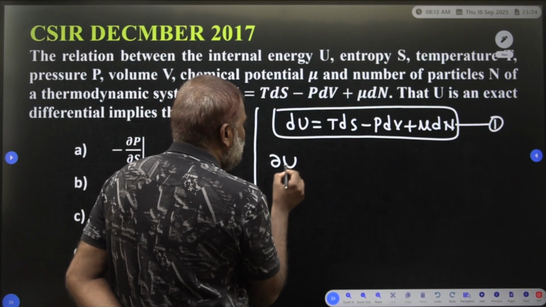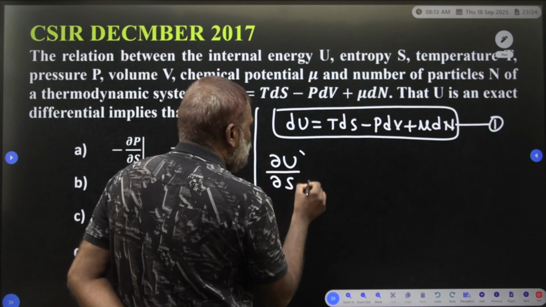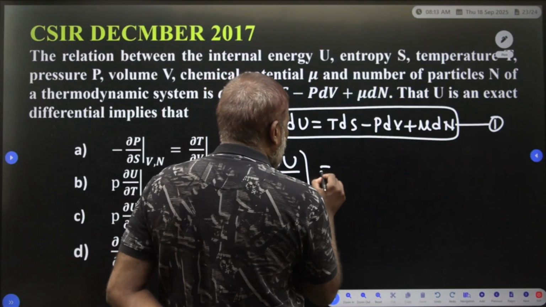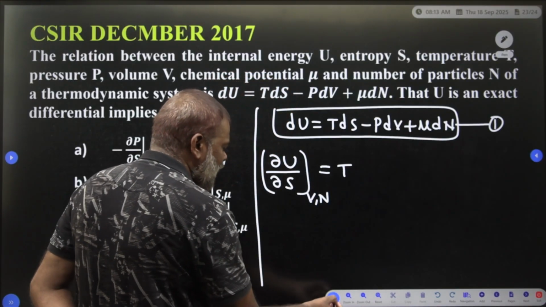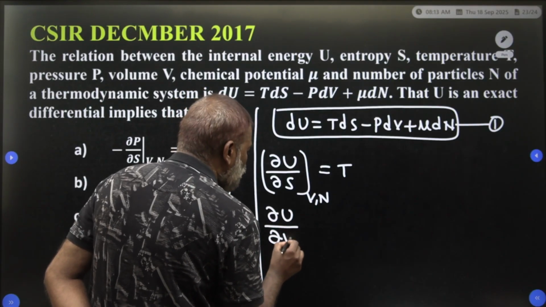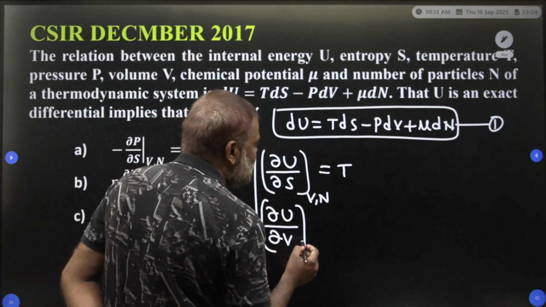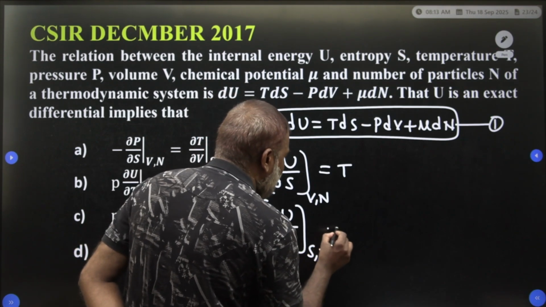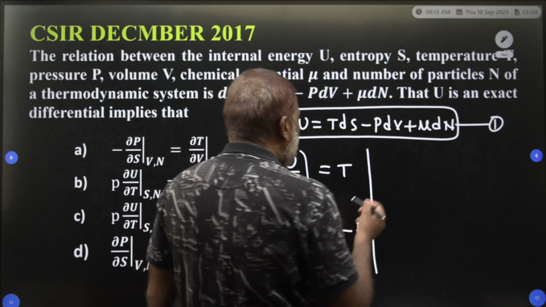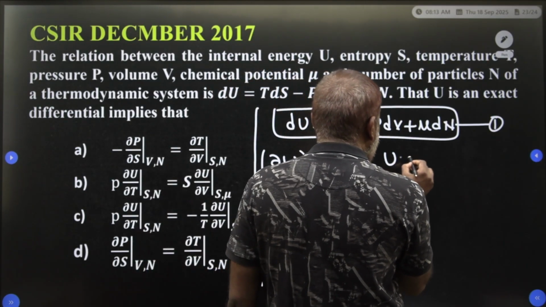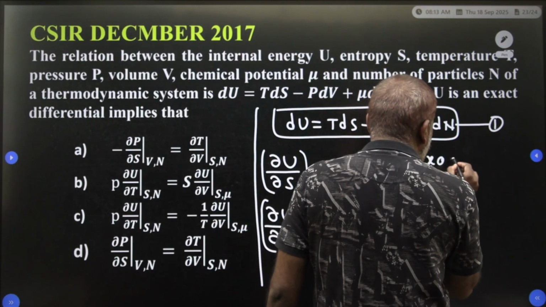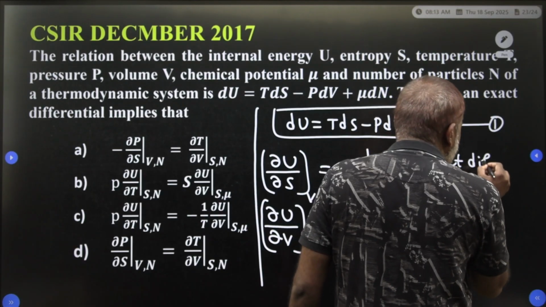So dou U by dou S at constant volume and number of particles is equal to T. Similarly, dou U by dou V at constant entropy and number of particles is equal to minus P.